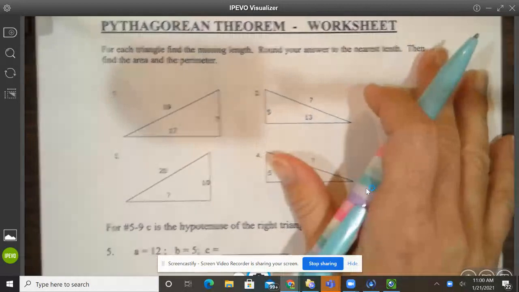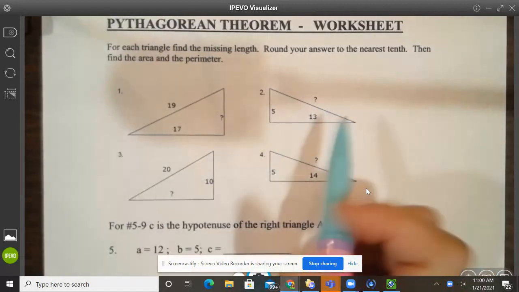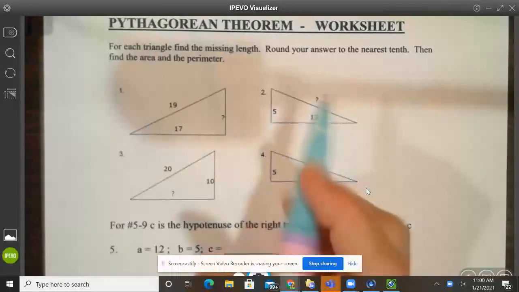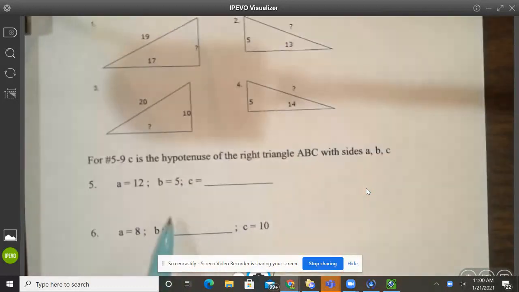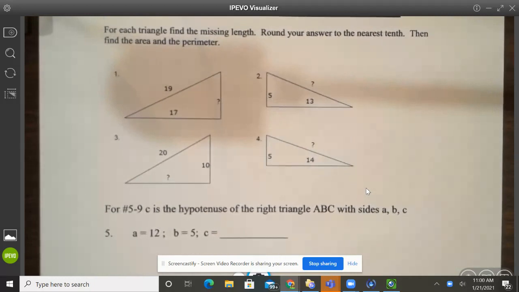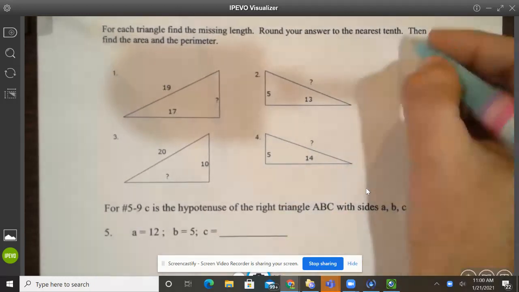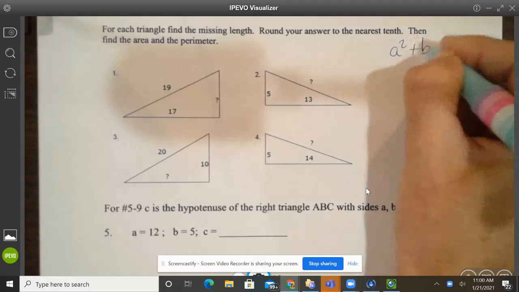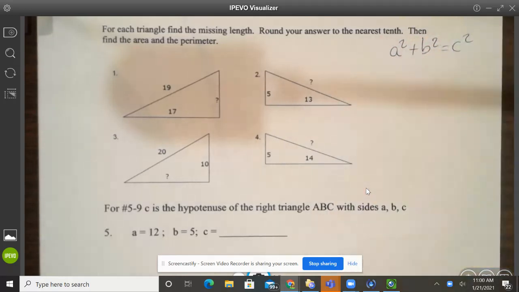Anyways, let's do some actual examples. Sometimes you'll see this in triangles, and sometimes you'll get the actual values for each of the sides, but you have to know which one goes with which, and you always have to use a squared plus b squared equals c squared.